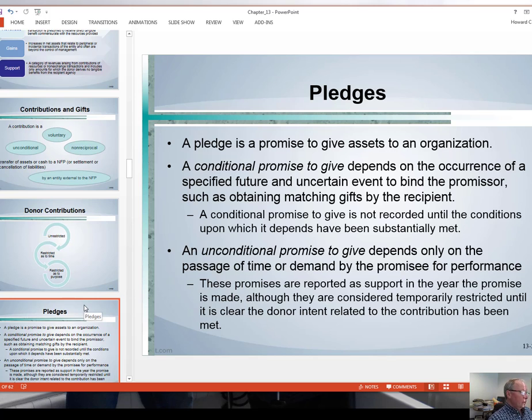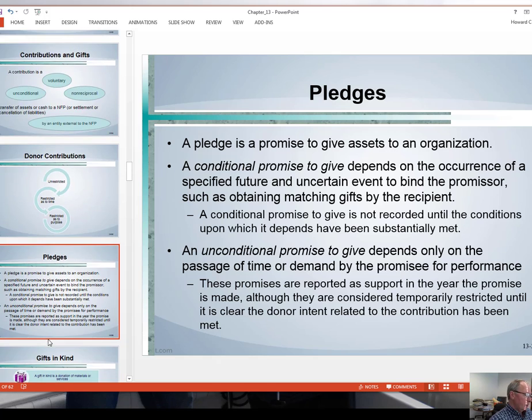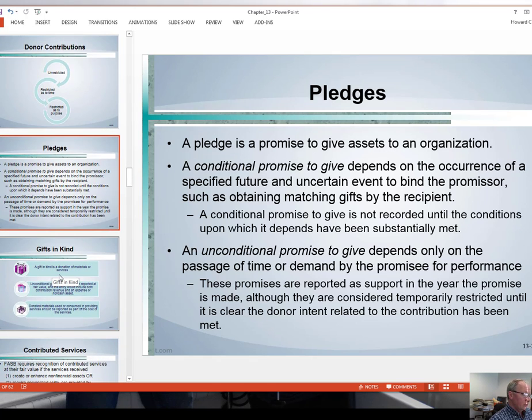Pledges: in fact, we just had an event this week, the School of Management hosted Business Leader of the Year. One of the activities there was to solicit pledges for the school, either scholarship or unrestricted funds. You'll see there are special rules in how we account for those. If they're conditional, then you have to honor those conditions.